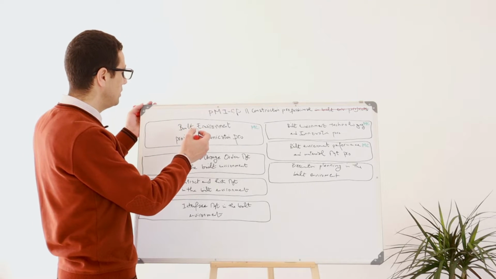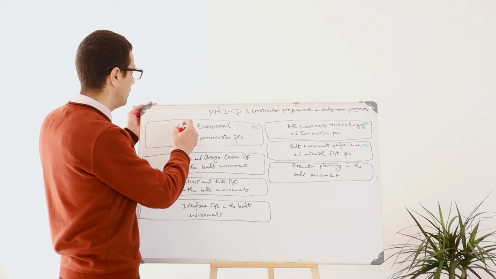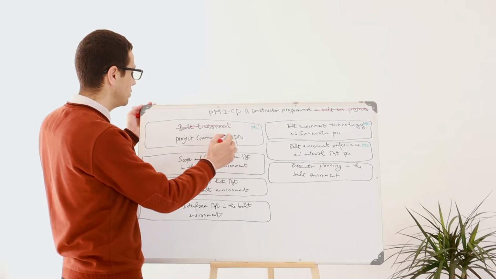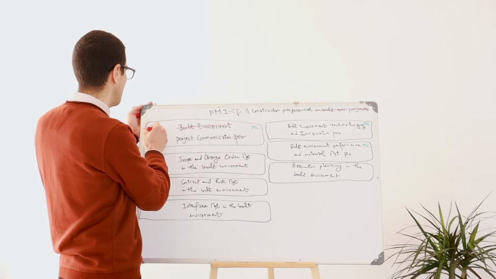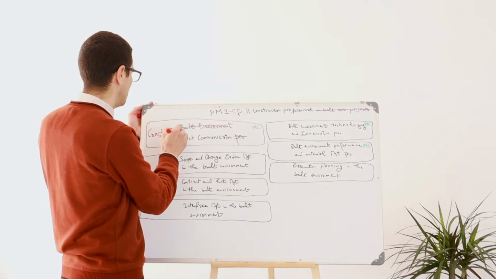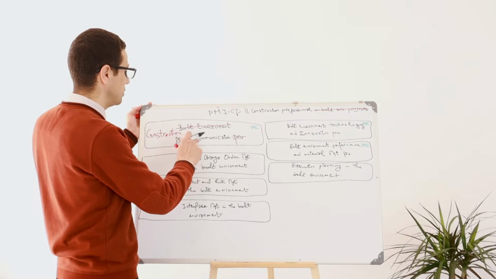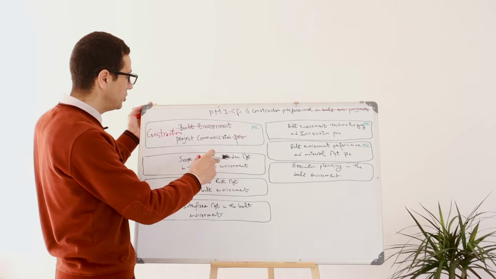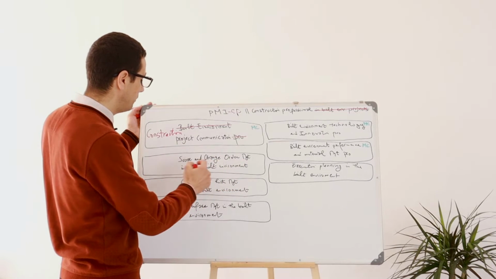So here the PMI changed the name here from Built Environment Project Communication Pro to Construction Project Communication. And here is same, Scope and Change Order Management in the Built Environment.